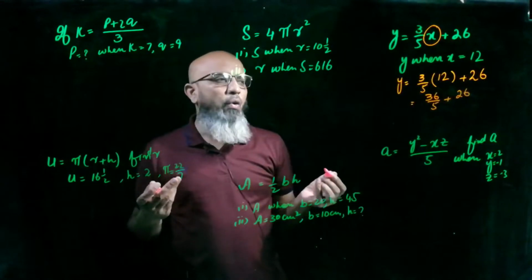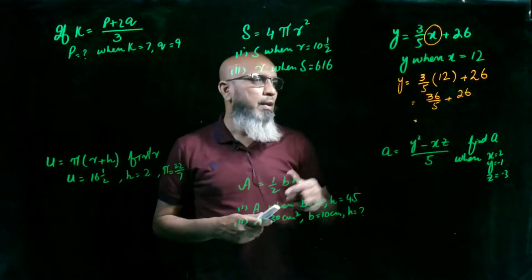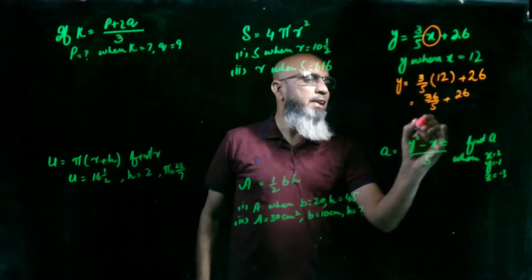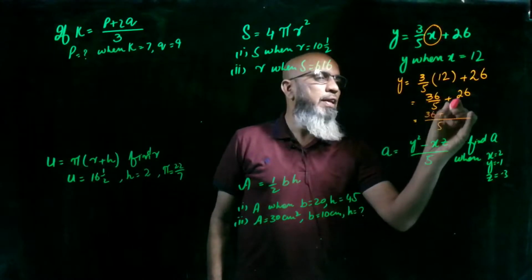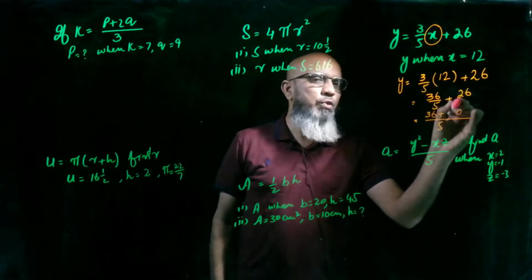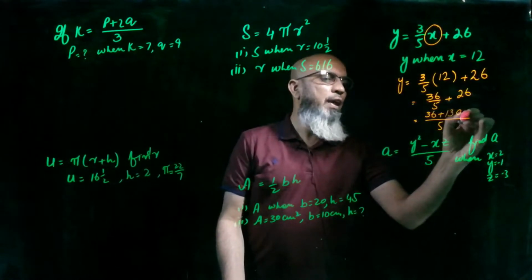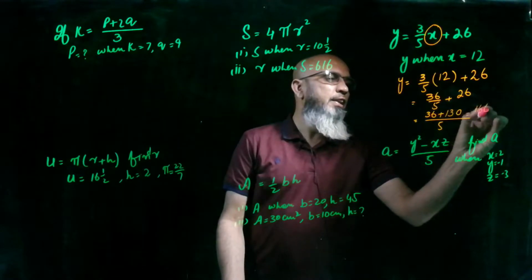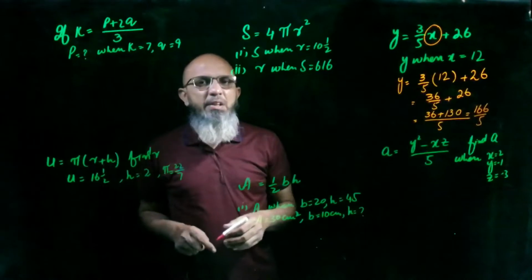What will we do now? We will take the LCM, which is 5. So 5 times 26 is 130, plus 36, that is 166/5. Now you can convert this into a mixed number.